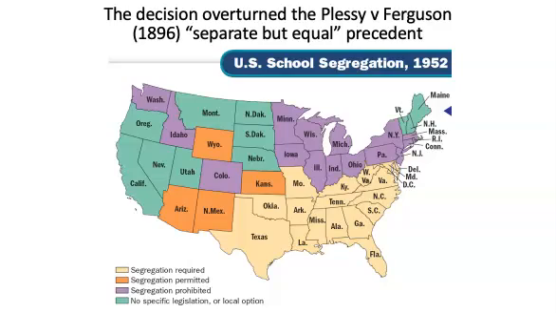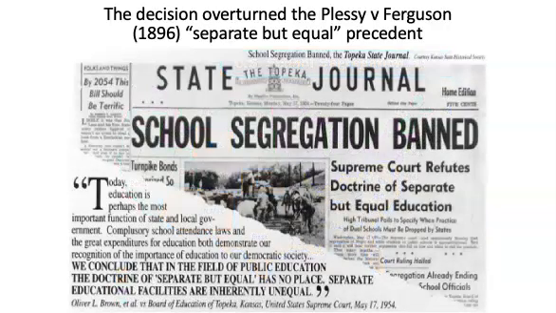For instance, you see the regions of the country in brown are all the regions where schools were required to be segregated. In the West, they could be segregated. In the North, segregation was prohibited. Now, with school segregation banned, this was a significant step in overturning segregation in other regions.